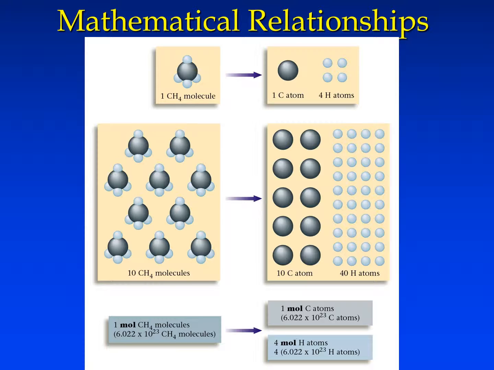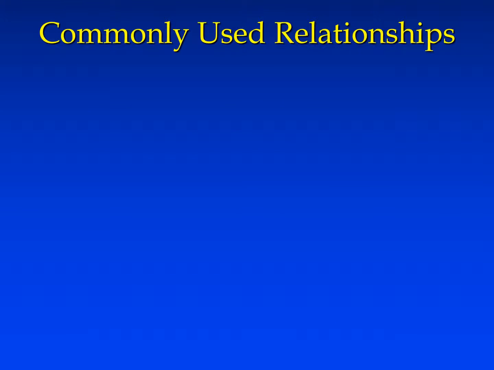And if I have 1 mole of methane molecules, I have Avogadro's number worth of methane molecules, but I would also have 1 mole of carbon atoms and 4 moles of hydrogen atoms. How do we use these relationships? Here are some commonly used ones.